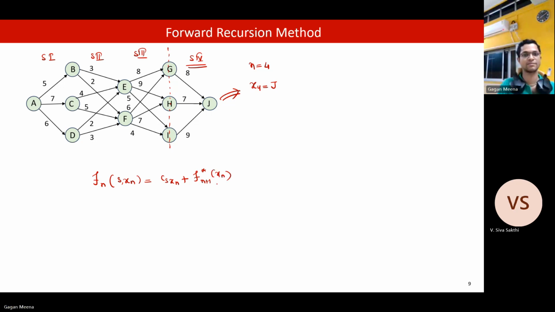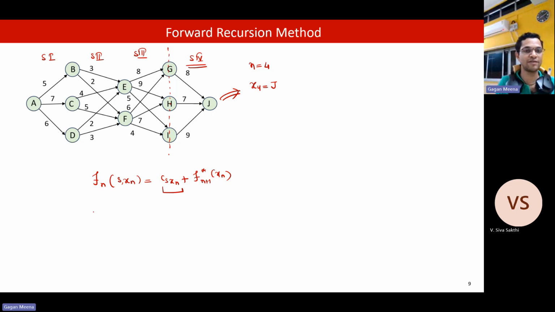So the cost for moving from S to Xn, and this is the cost for the n plus 1 onwards stages. Here n is 4. We are calculating for 3. After 3 we have only 4.